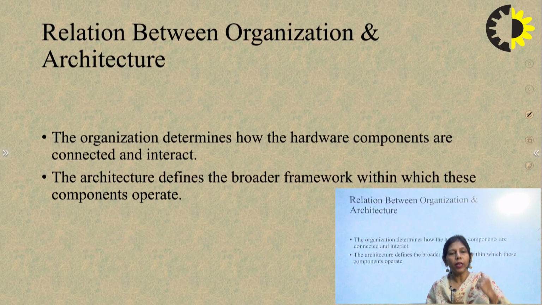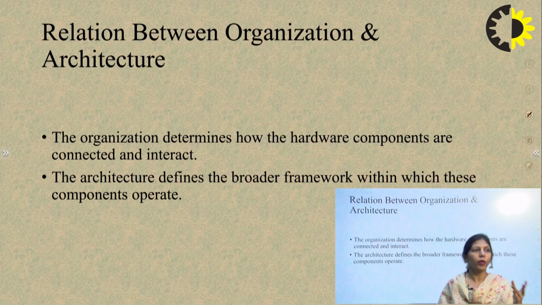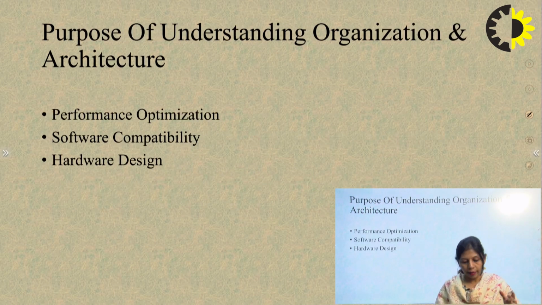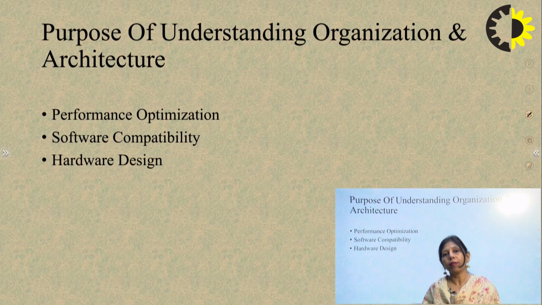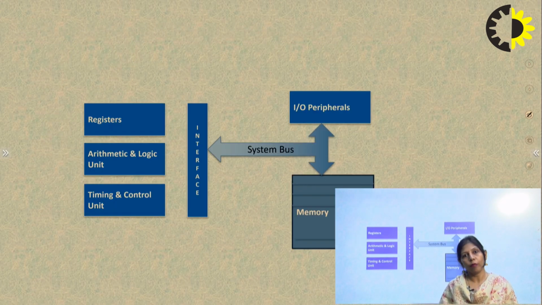Both the computer organization and computer architecture decide the hardware components, how they are connected, how they interact with each other, and they also determine the performance and the optimization of our system. It decides the software compatibility. It helps us to design the hardware as well.